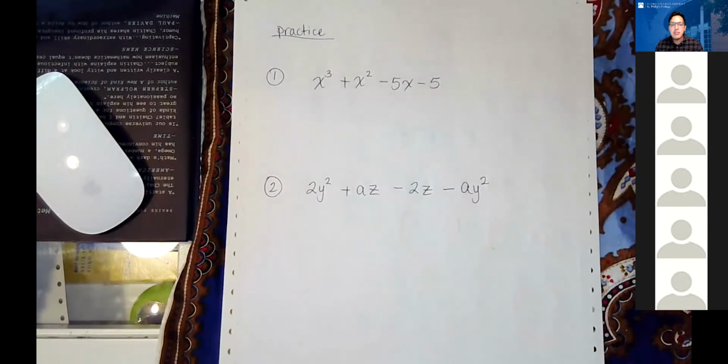And I'll give you guys about 5 minutes to try to factor these out, factor by grouping. And when you're done factoring these by grouping, you can go ahead and throw a thumbs up in the chat or use the thumbs up reaction in Zoom.